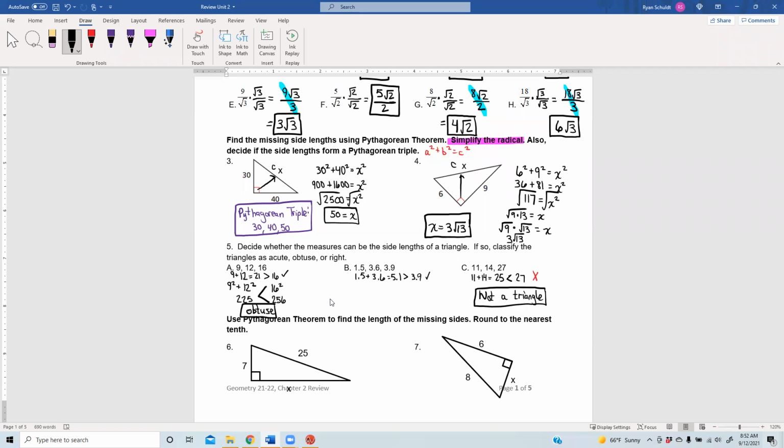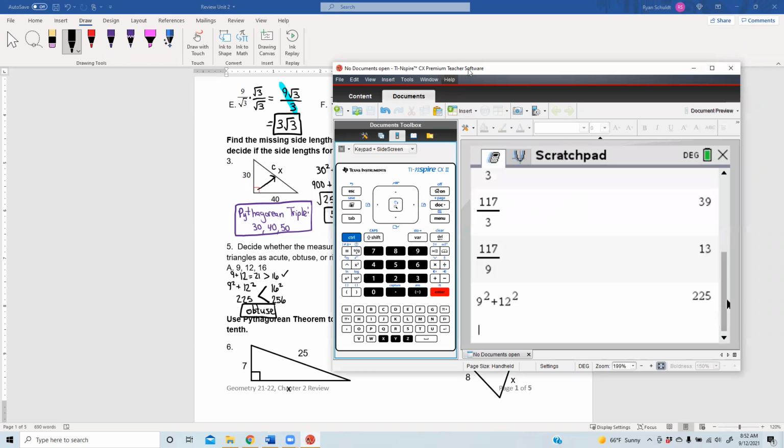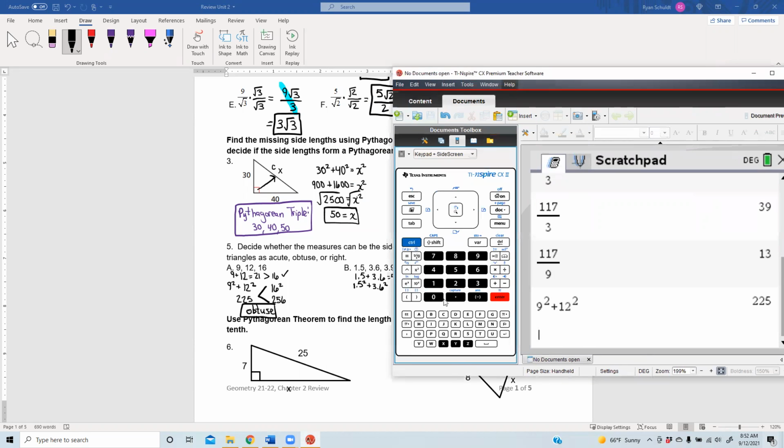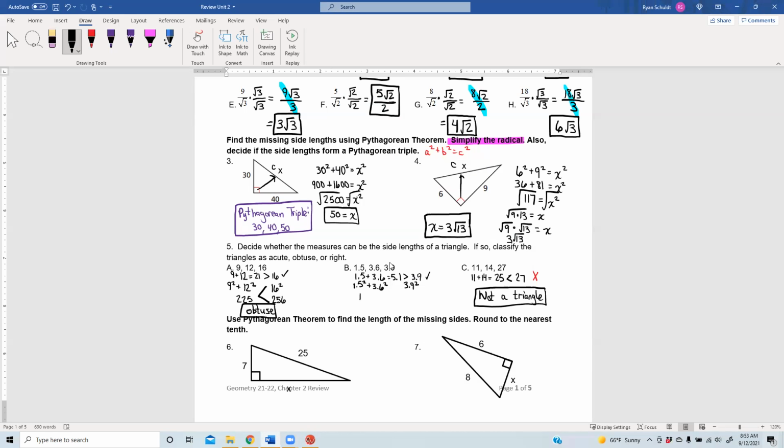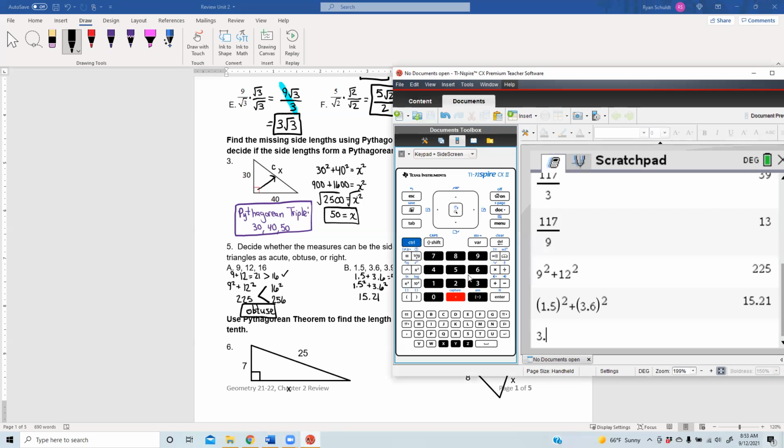Okay, so now let's look at B. I have to do 1.5 squared plus 3.6 squared and see how that compares to 3.9 squared. So 1.5 squared plus 3.6 squared is 15.21. 3.9 squared is 15.21.